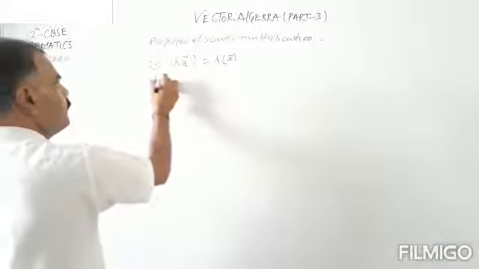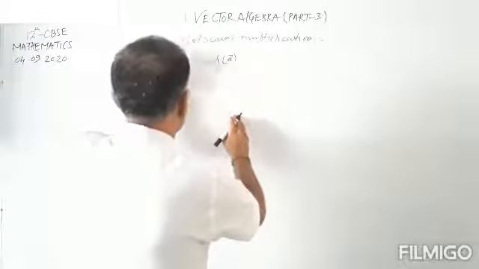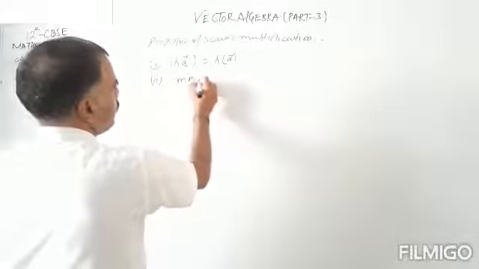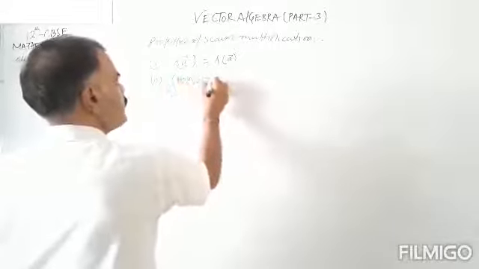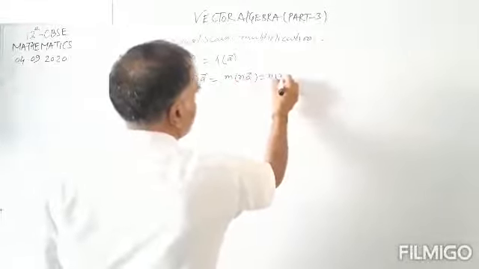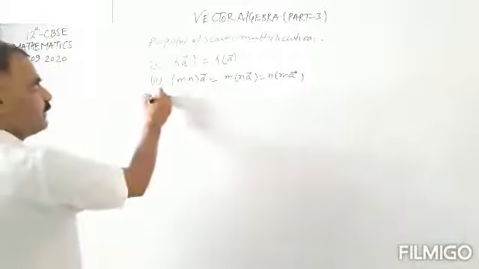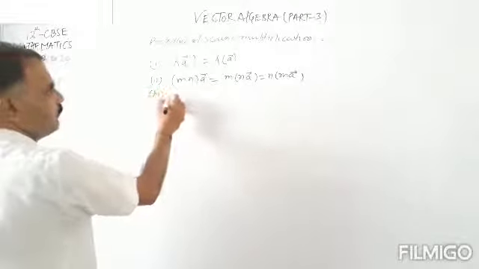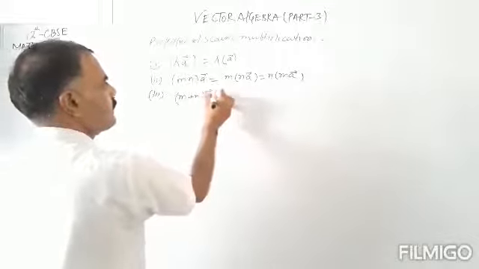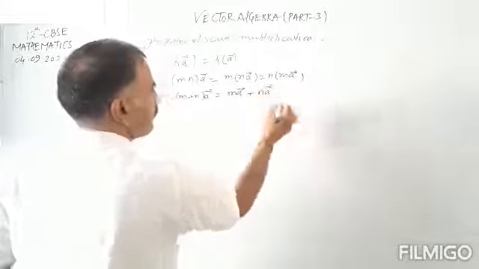And the second property is, let us take m and n, mn into A vector is equal to m into nA vector, which is equal to n into mA vector. The third property is (m plus n) A vector is equal to mA vector plus nA vector.